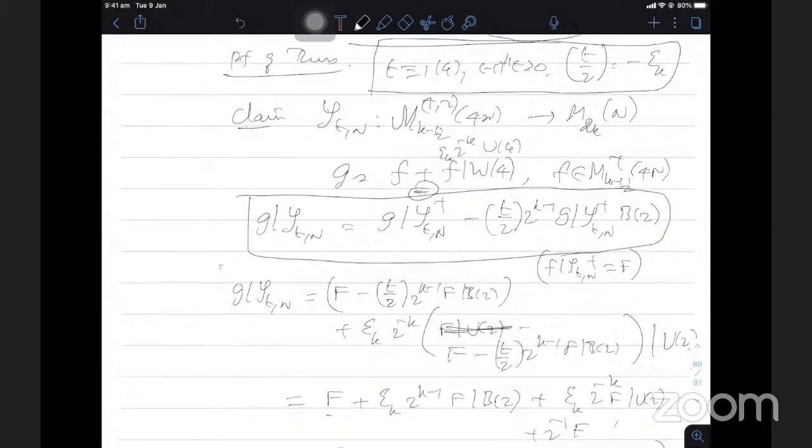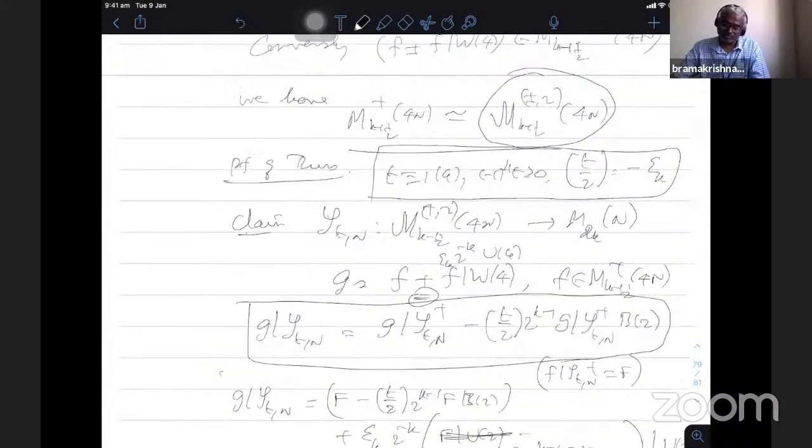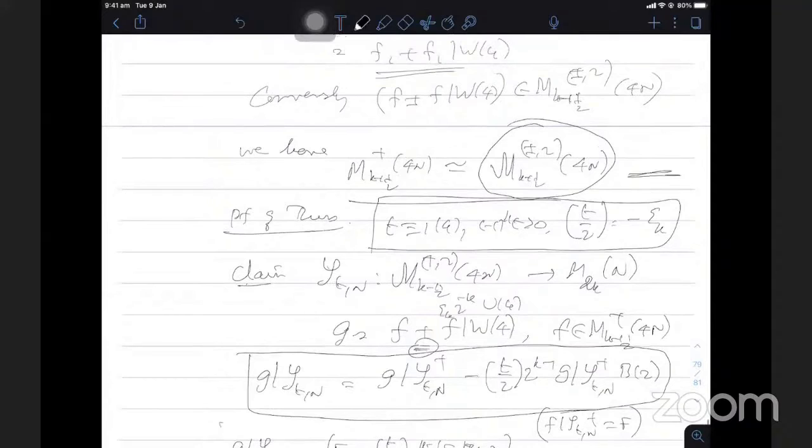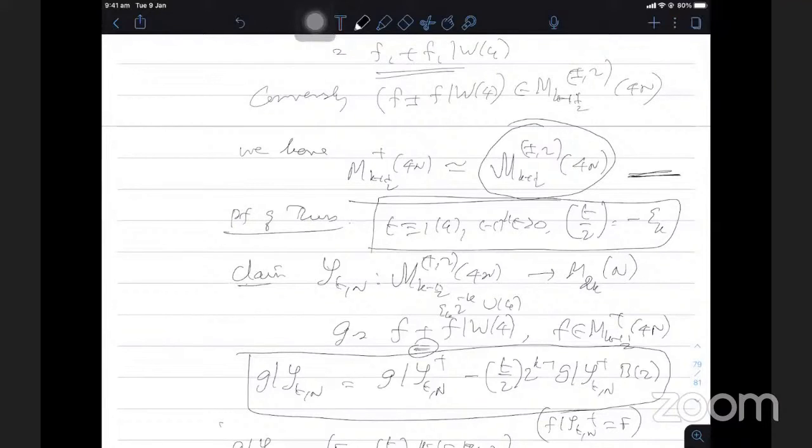Sir, yes, just the line before the proof of theorem. Proof of theorem. I am getting a little confused somehow. This is the one. So this is plus minus 2 space 4N. This is already isomorphic as a plus space. That's what I'm saying, no? That's what is done.